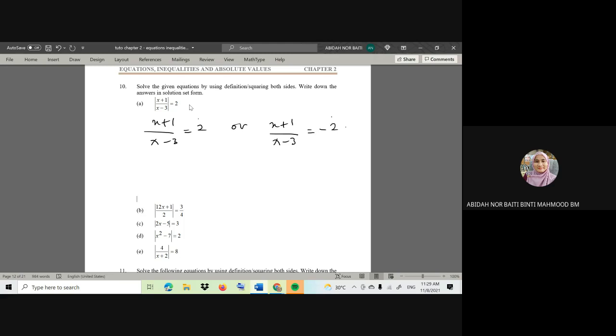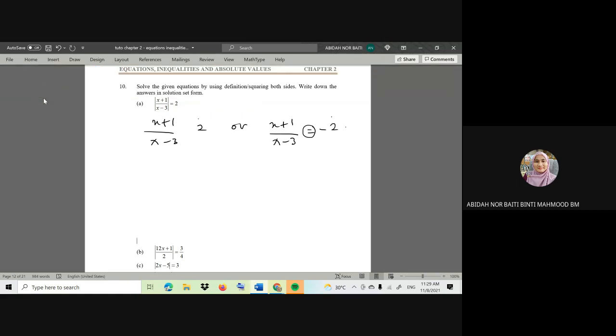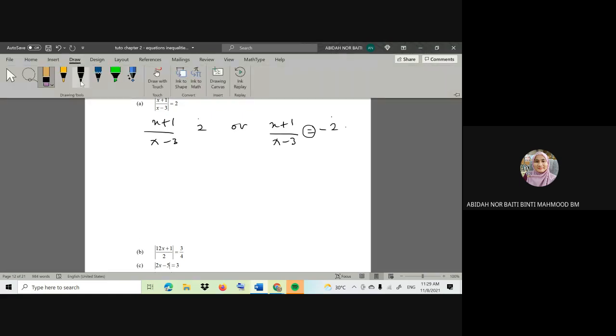Okay, and then we can solve. How to solve? We can cross multiply ya. Kita boleh cross multiply sebab equation ya. If this is inequalities, kita tak boleh cross multiply ya. Itu beza dia lah.